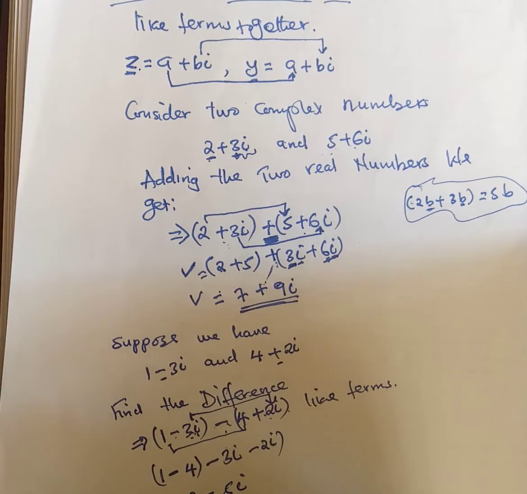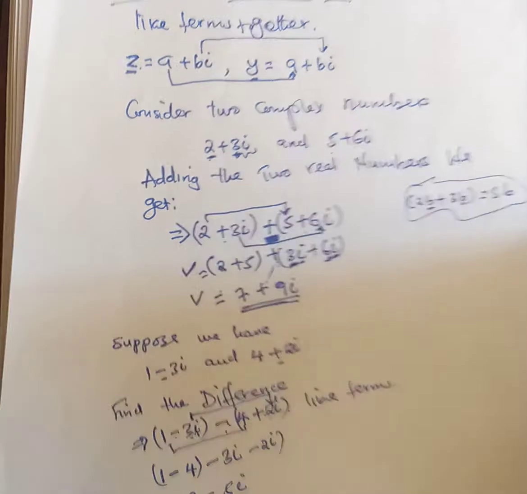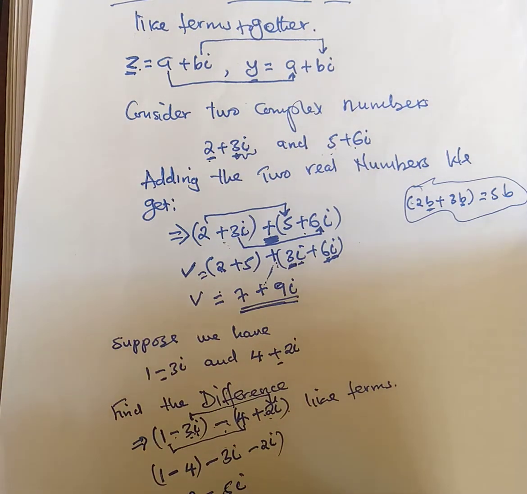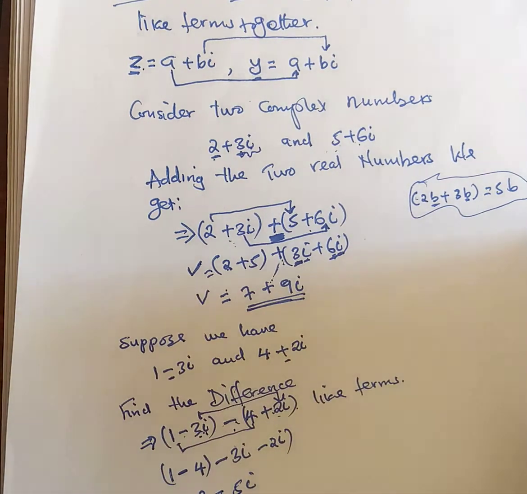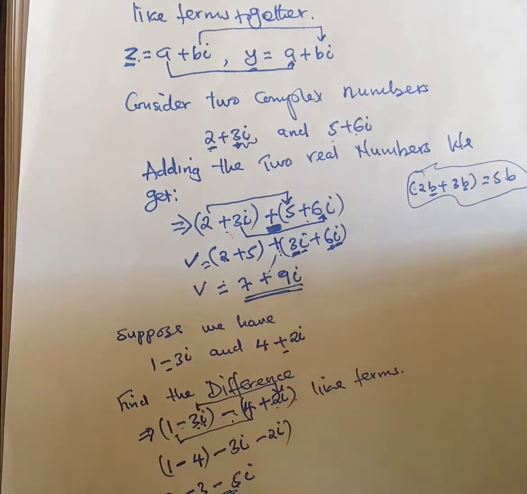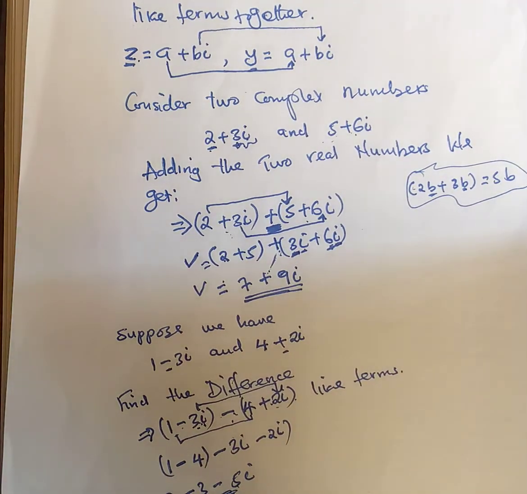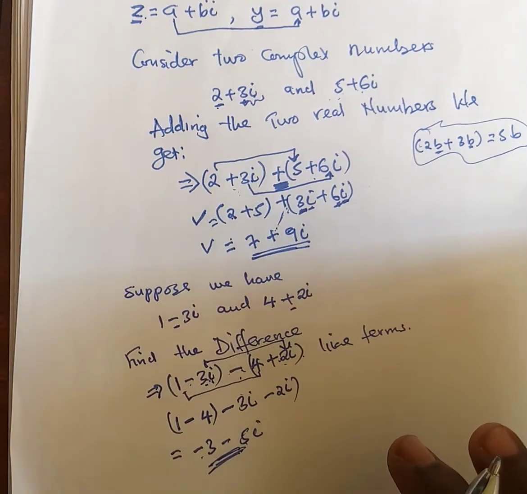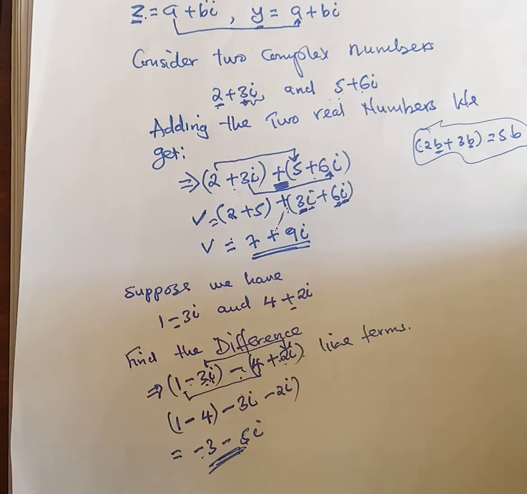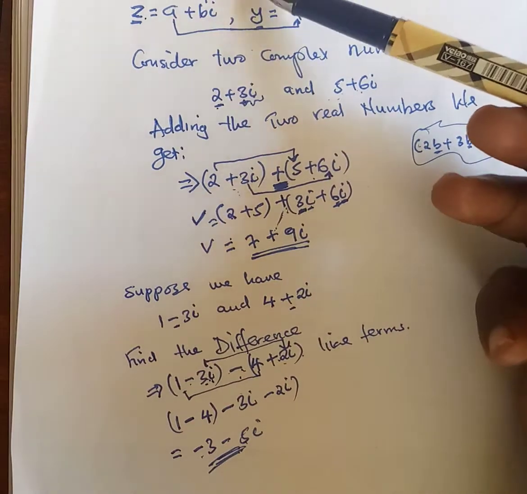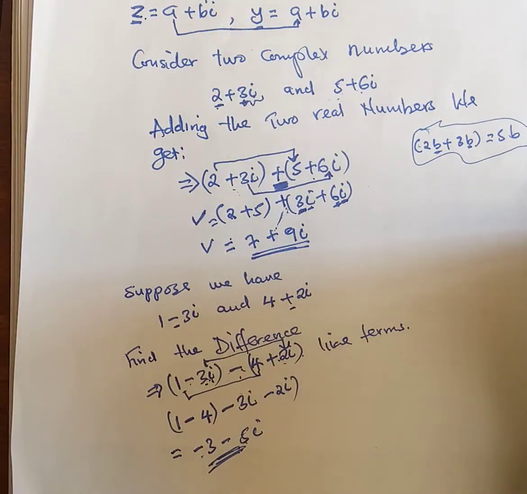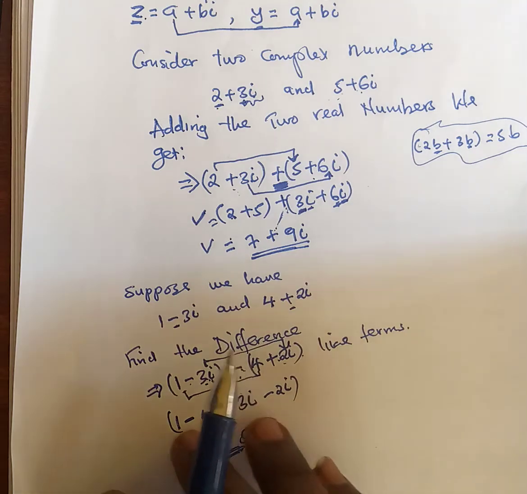Again, minus 3 is a real number, minus 5 is a real number, and then plus the iota. Let me bring that up so that you can see it. So any form of a complex number that you get, you can either add or subtract.